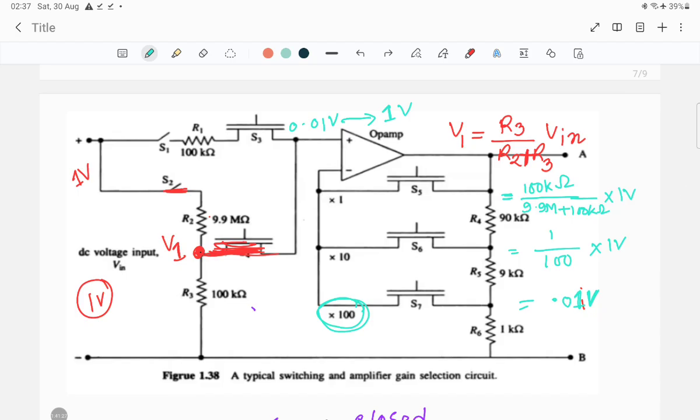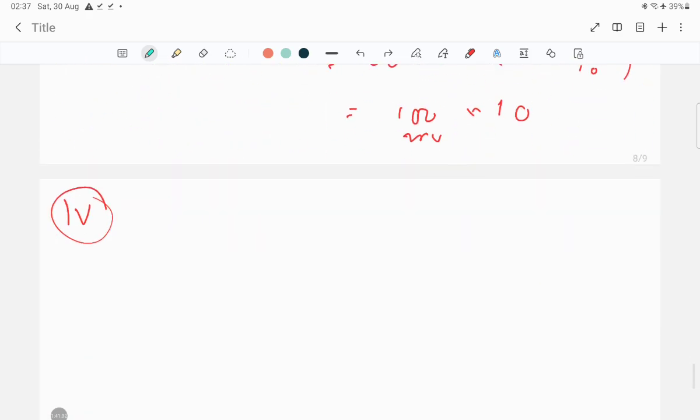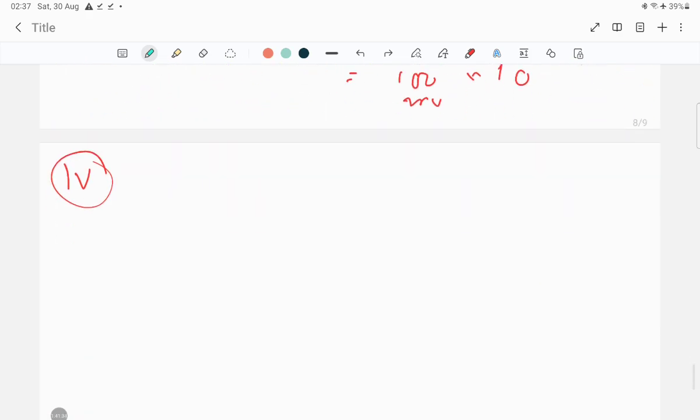Now for the last scenario, if I am selecting a 10 volt scale, then what will be the V1 value?